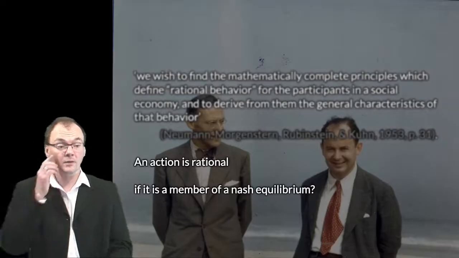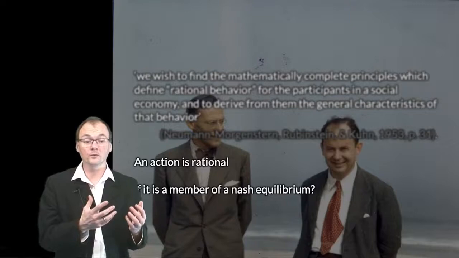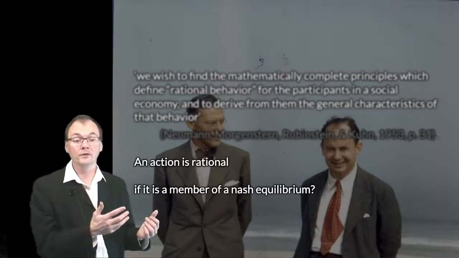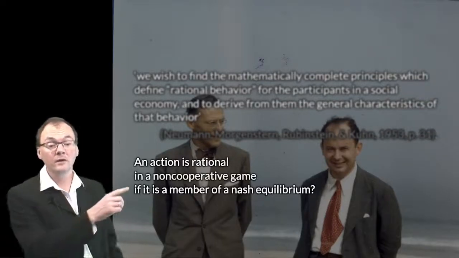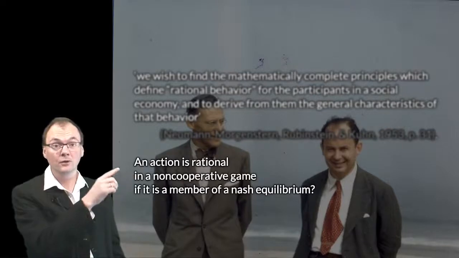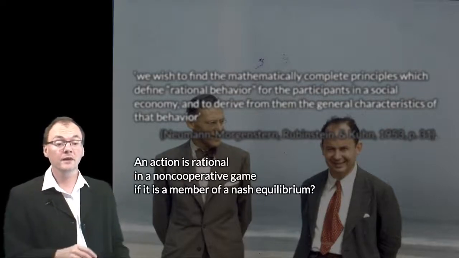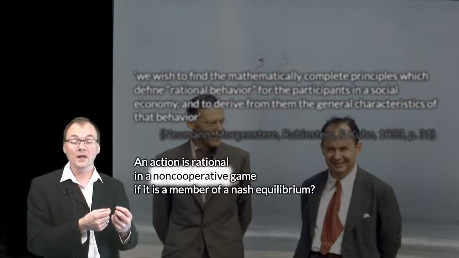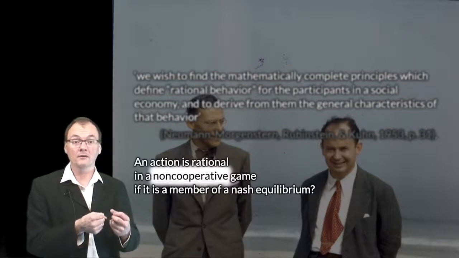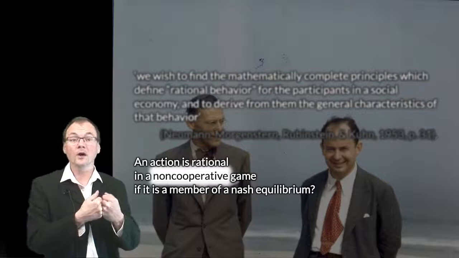So the Nash equilibrium seems like a useful tool to do this. And the thought we've got is that an action is rational if it's a member of a Nash equilibrium, as long as we confine our attention to non-cooperative games, that's to say games in which the agents are not allowed to agree in advance, in a way that binds them, what they will do.